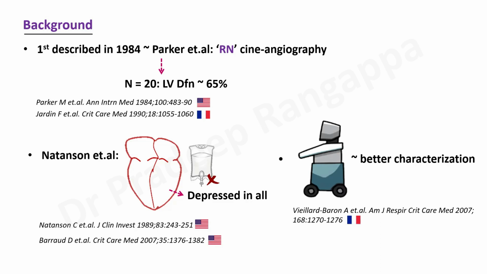When echo uptake started happening, myocardial dysfunction or septic cardiomyopathy could be better characterized with the echocardiogram, because before that they depended more on the PA catheter to ascertain cardiac indices. Echocardiography gave a visual picture and the ability to characterize the myocardial dysfunction, which got well recognized.